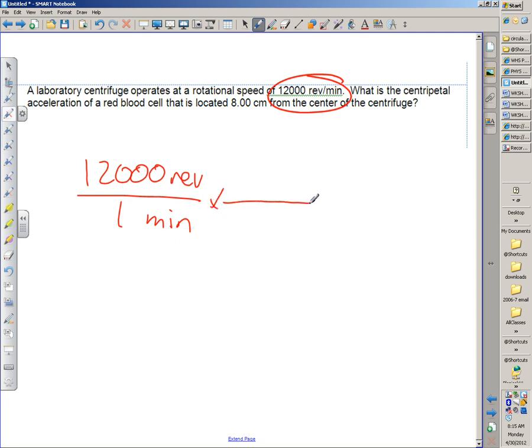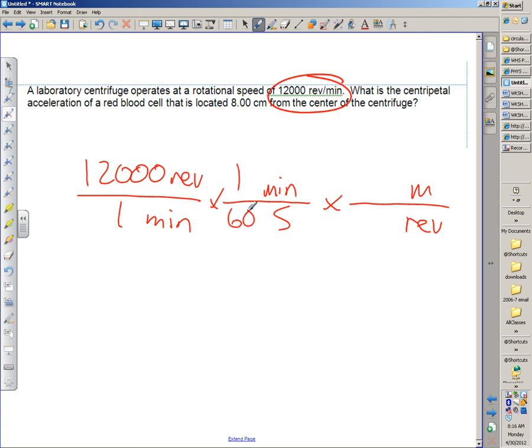So set yourself up a couple of conversion factors. First conversion factor, we'll go minutes on the top, seconds on the bottom. That gets rid of our minutes unit, right? It leaves us with seconds on the bottom, which is what we need for tangential speed. And then for this, we can go revolutions on the bottom because they have to cancel the revolutions on the top, and we want meters here.